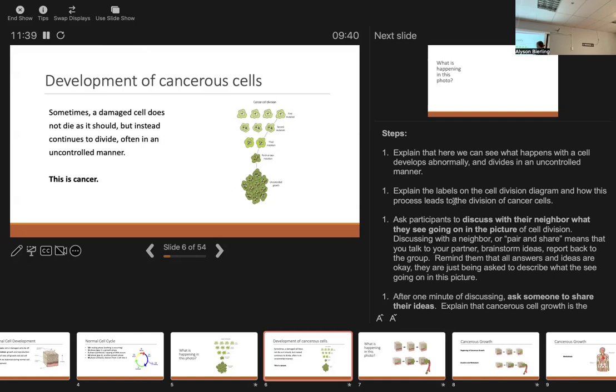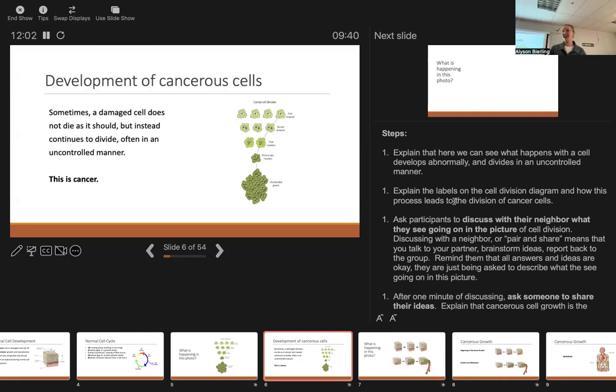And then we have this uncontrolled growth of these abnormal cells. And we can see that these cells are still somehow similar to these initial normal cells that we have up here, but there are additional abnormalities. And so those abnormal cells continue to grow and divide, and that is cancer.